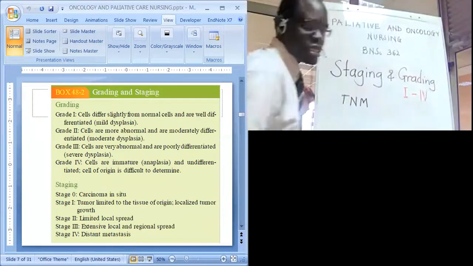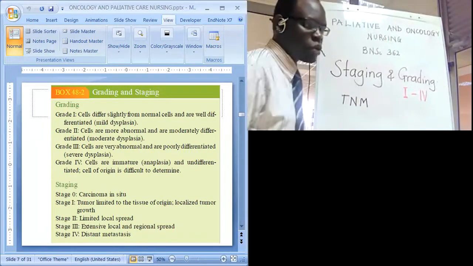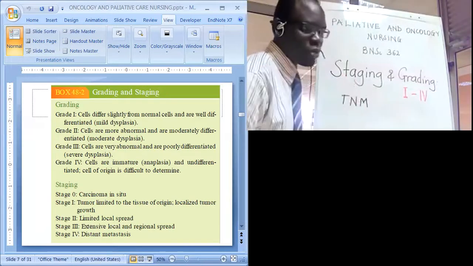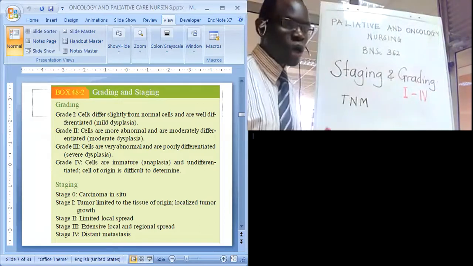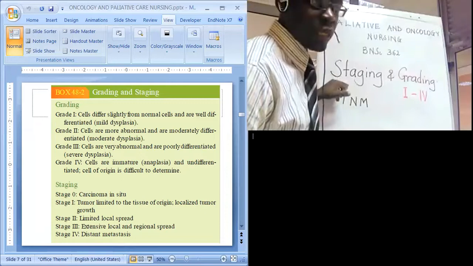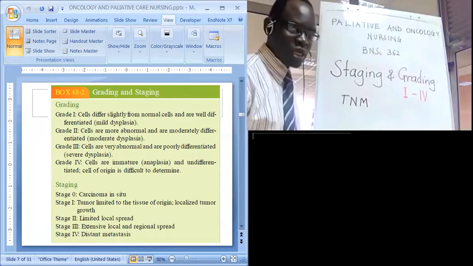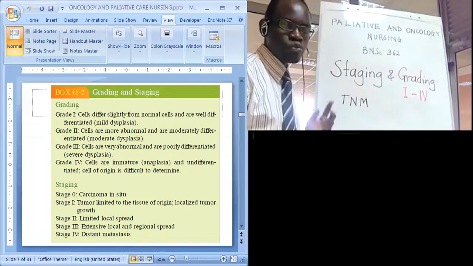That is grading. And with staging, we shall see that again. We are also talking about stage 1 to stage 4, actually from stage 0 to stage 4. So we are going to see what it actually means by grading and by staging.